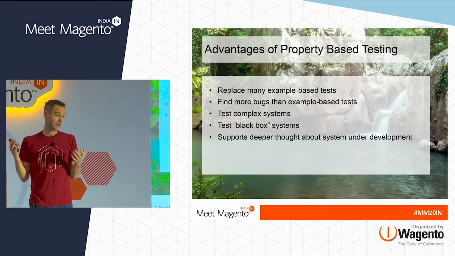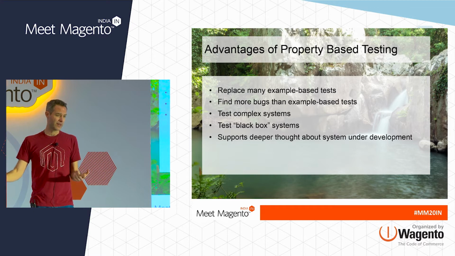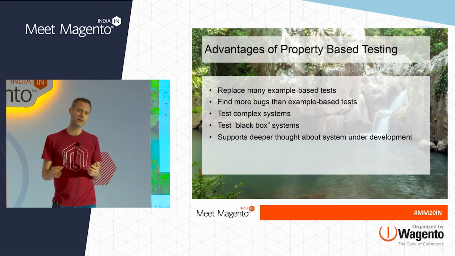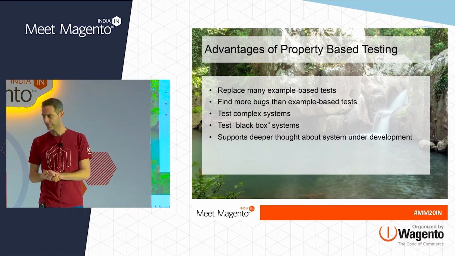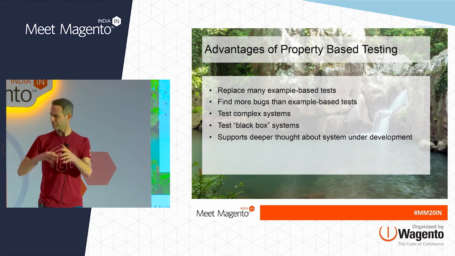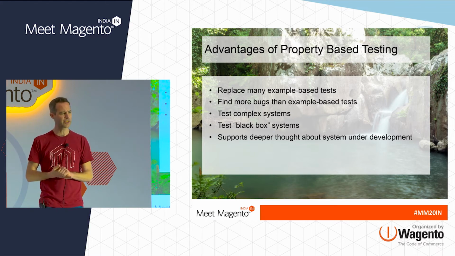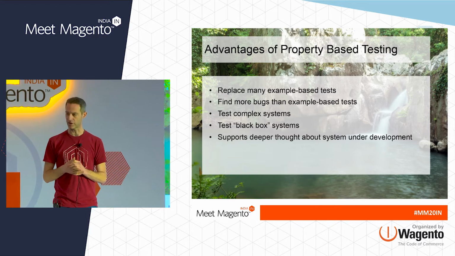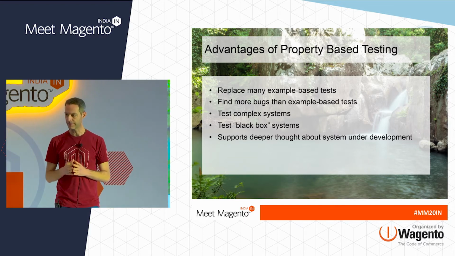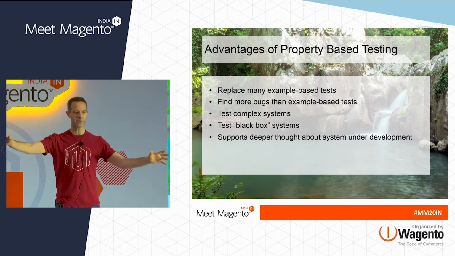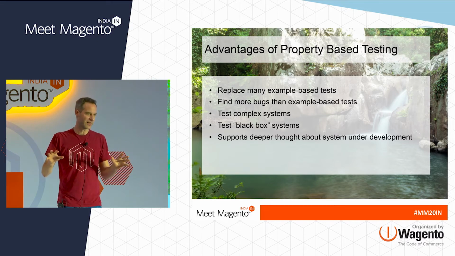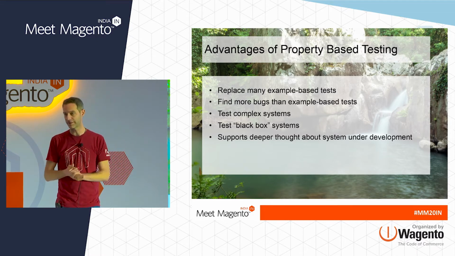So, example-based tests are actually pretty good for simple systems, right? If I have a simple function, I can get good coverage and be pretty confident that it works with example-based tests. But as soon as I take multiple simple functions and combine them into more complex systems, suddenly that's where bugs start to creep in, right?